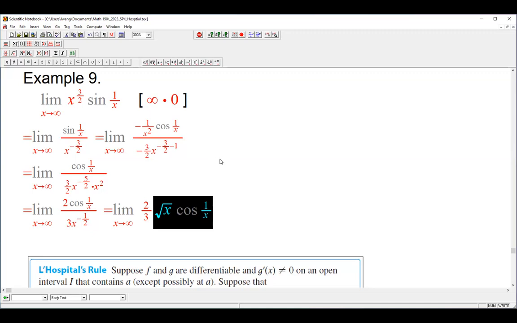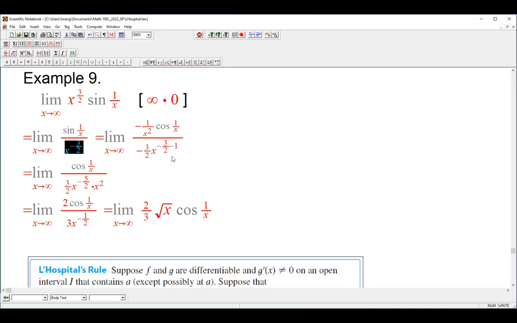At this point, actually, I want to go back to check my work. Sine 1 over x, cosine 1 over x, negative 1 over x squared, because I feel a little stuck. Over here, negative 3/2 x raised to the power negative 5/2.